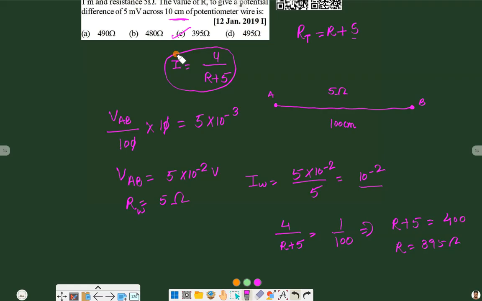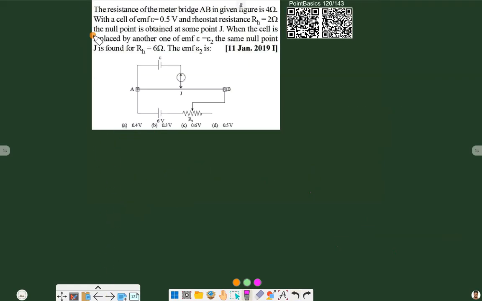Now moving to the next one. The resistance of a meter bridge AB given in the figure is 4 ohm, with the cell of EMF E equal to 0.5 volt and rheostat resistance RH equal to 2 ohm.